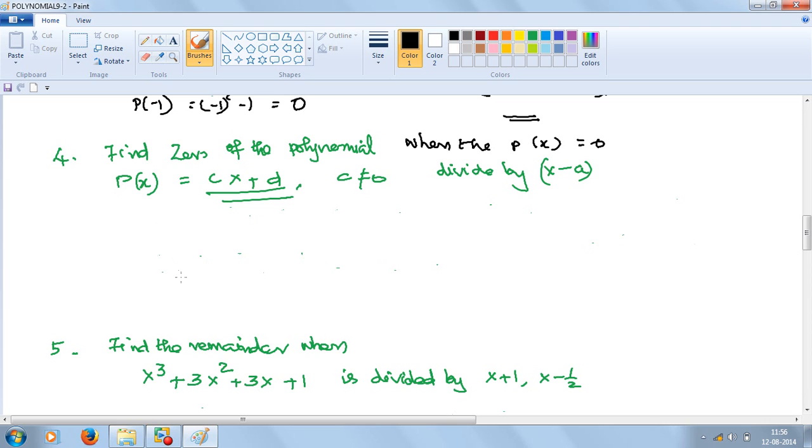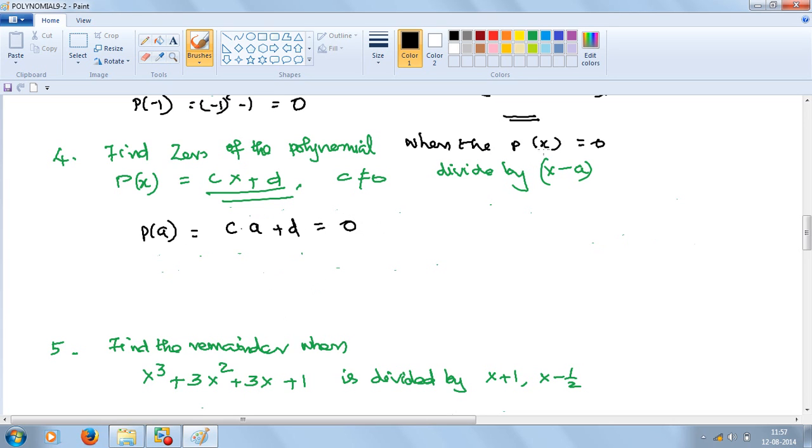It becomes 0 when you divide by x minus a. So p(a) is equal to c multiplied by a plus d. This will become 0. p(a) is becoming ca plus d is equal to 0.